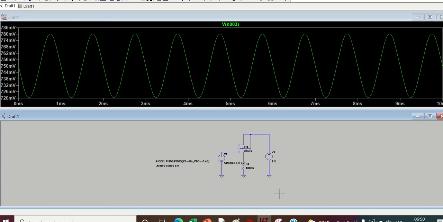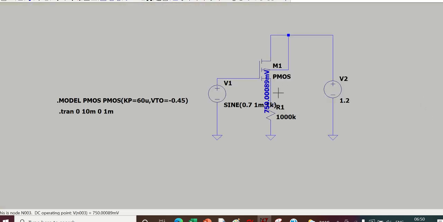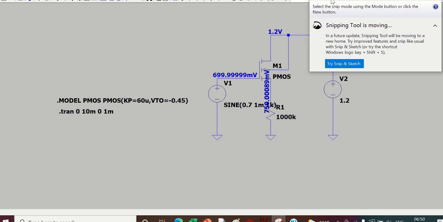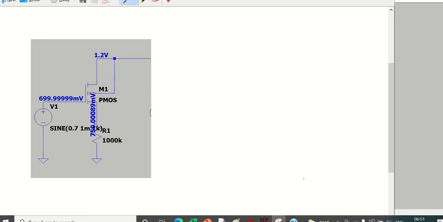Now let us see whether this is in saturation or not. If I click on this button here, this is showing 750 millivolt. This is 1.2.